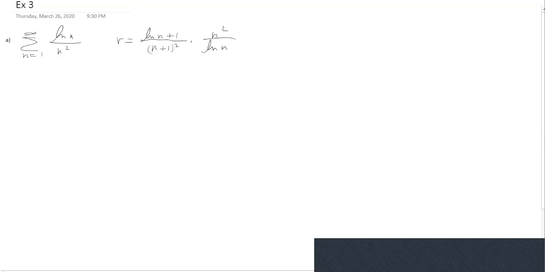And this, we could write this as the natural log of n plus 1, natural log of n times n over n plus 1, like that, squared.